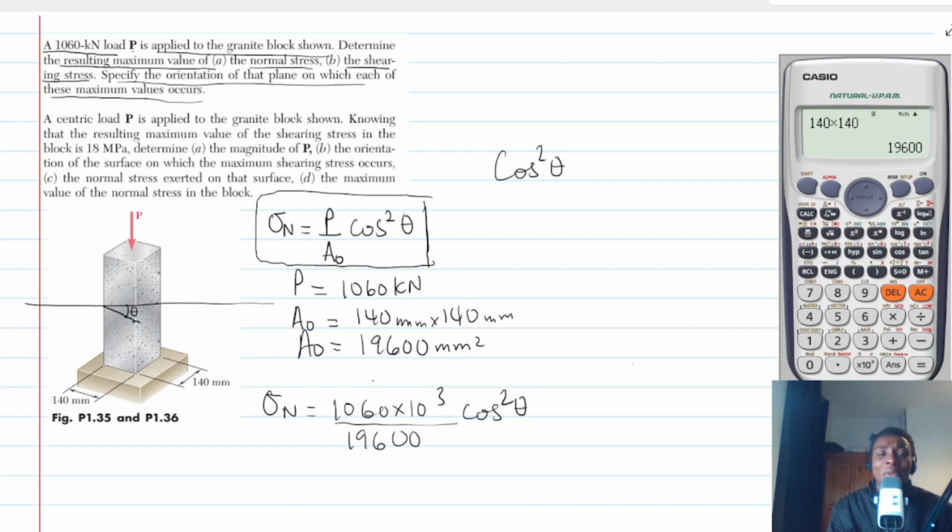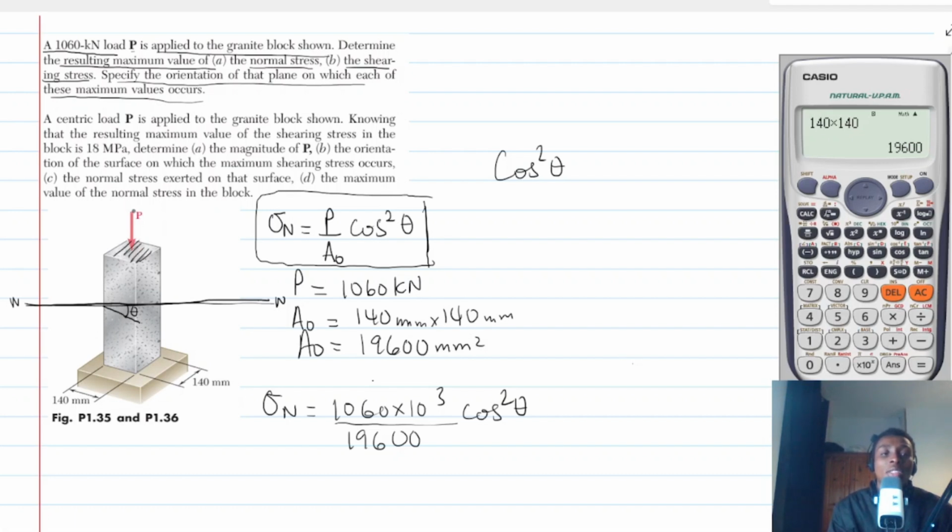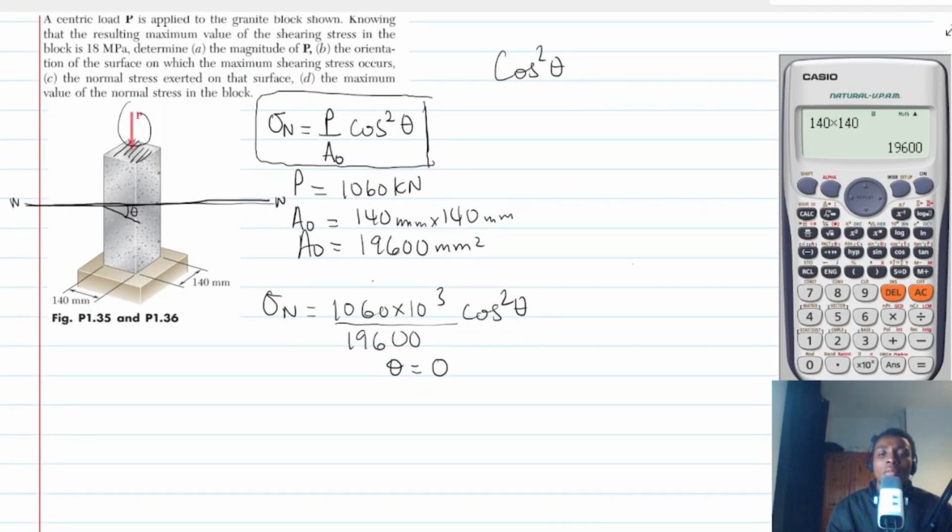This is actually a compressive stress. The maximum value of the normal stress occurs when the angle of inclination lies exactly on the normal. In other words, it is when the load is applied perpendicular to the surface, so theta is 0. We substitute cos 0, which is 1.